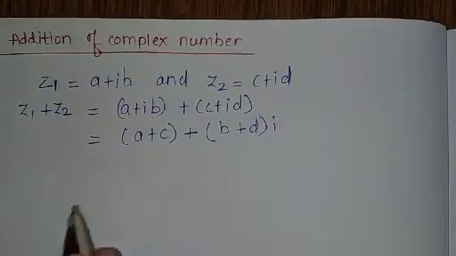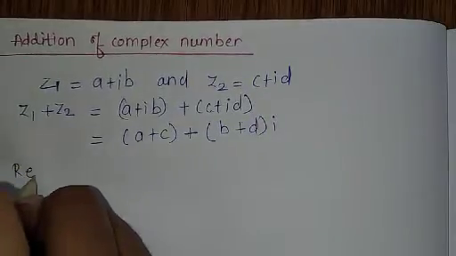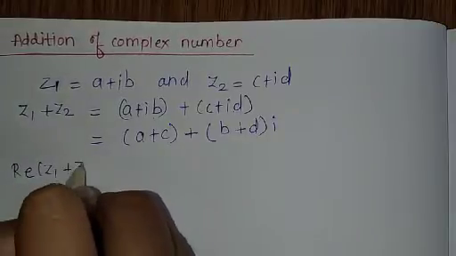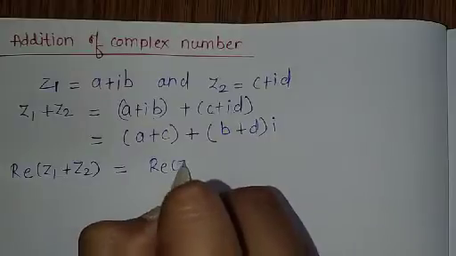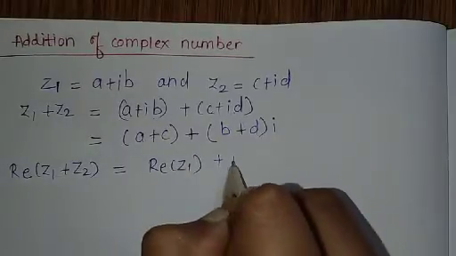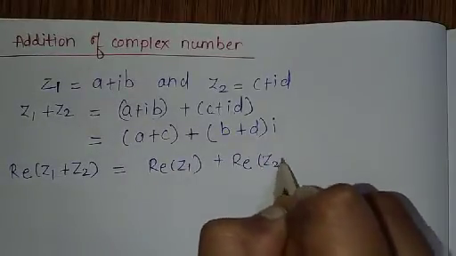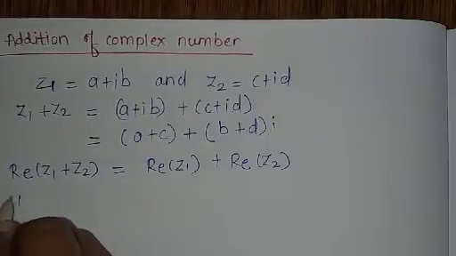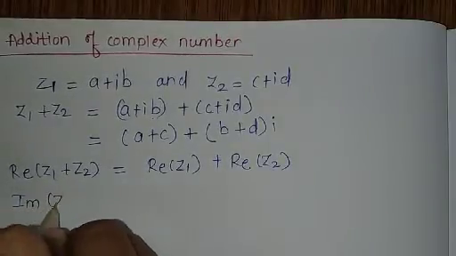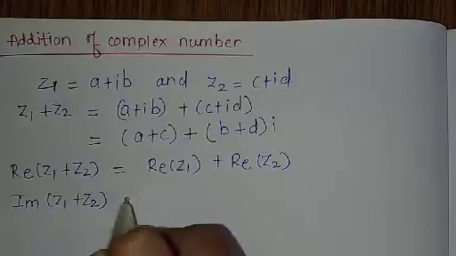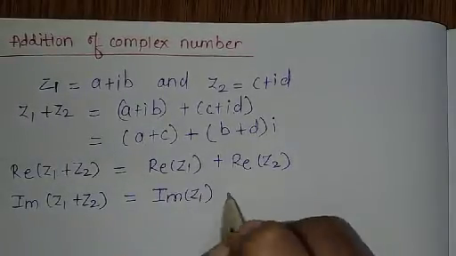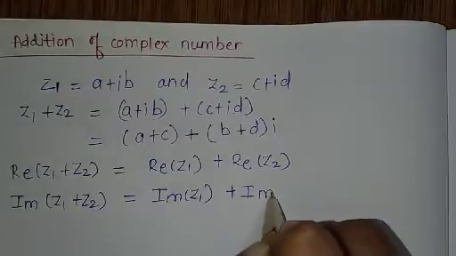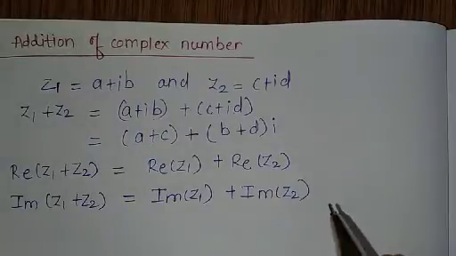In other words, real part of Z1 plus Z2 is nothing but real part of Z1 plus real part of Z2, and imaginary part of Z1 plus Z2 is nothing but imaginary part of Z1 plus imaginary part of Z2.